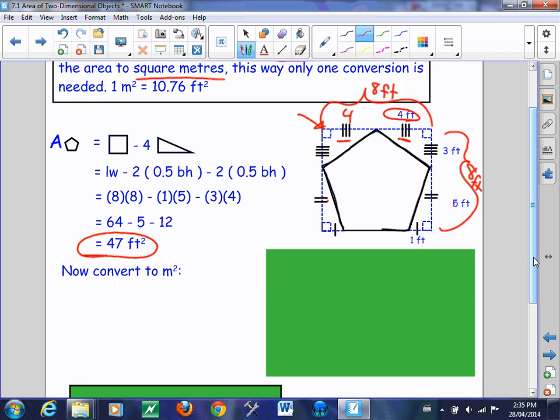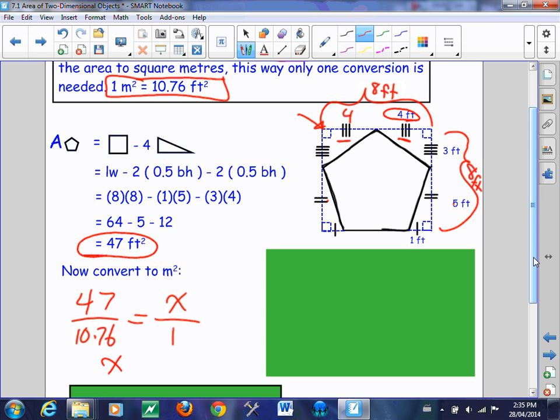So that's the area. Now we want to convert it to meters. What are we given? 47, and that's feet. We want to get it to meters squared. So we've got to look for a conversion, which is given right here. We're going to say that 1 meter squared equals 10.76 square feet. You can cross multiply and divide, or just realize that you have to divide.